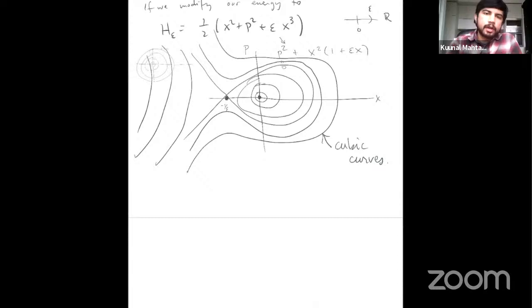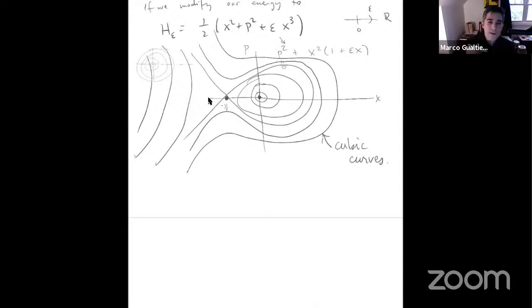Professor? Yeah. Given that epsilon is very, very small, won't the point -1 over epsilon be really far away in the distance? Yeah, that's right. It suddenly appears, but in a place that's very far away. So if you're dealing with a physical spring, that interesting point in phase space is not really accessible from a practical point of view.